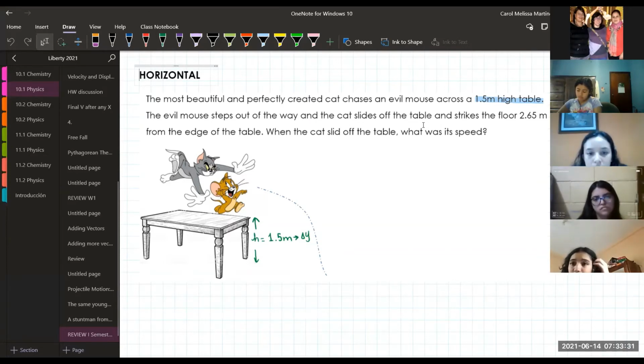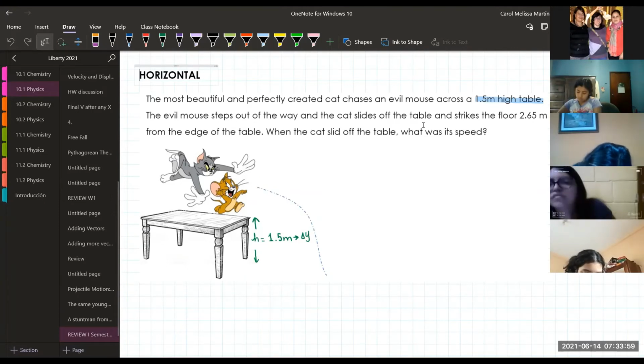so the cat is chasing the mouse. The mouse steps away, and what the cat does is fly off the table. So the trace that the cat probably follows is this one right here. This is more or less to represent the path that the cat follows when it slides off the table.